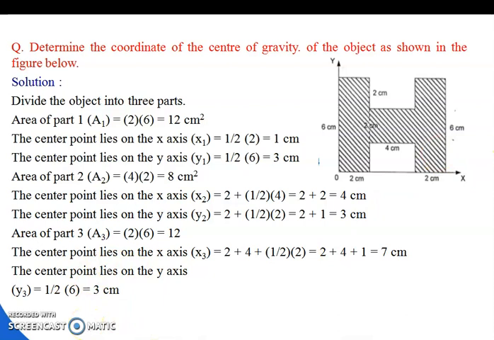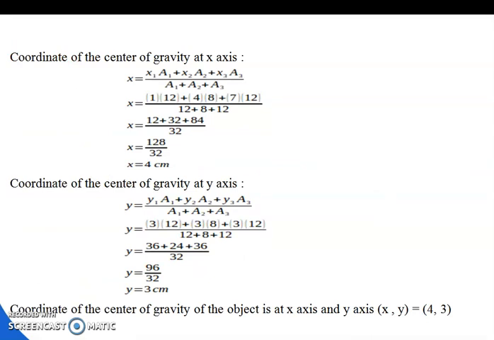Now we have all the areas and center points. So now we have to determine the coordinates of the center of gravity. What is the formula? In the x-axis it is denoted as x̄, which equals (x1 into a1 plus x2 into a2 plus x3 into a3) whole divided by (a1 plus a2 plus a3).